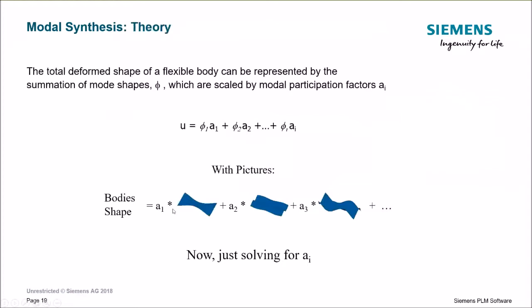itself. It requires the part to remain linear within its reference system, and it's based on the fact that ideally you can represent the deformation, or the shape, of a flexible body within a linear range by the summation of the mode shapes, all of them scaled by a participation factor.